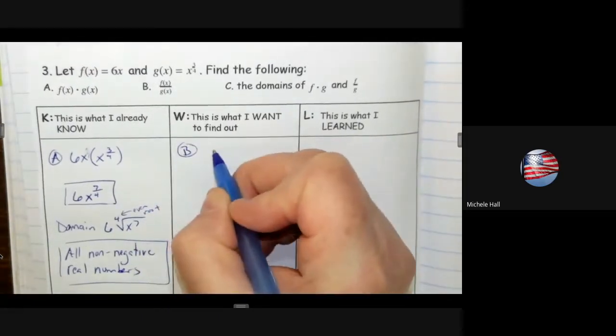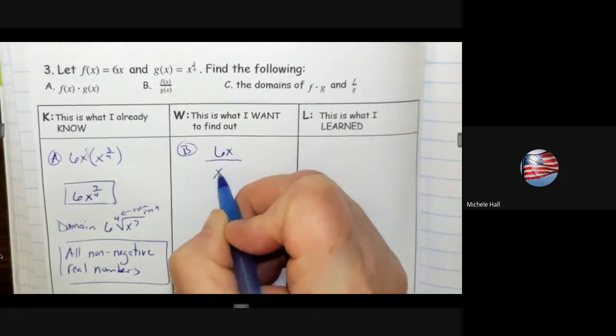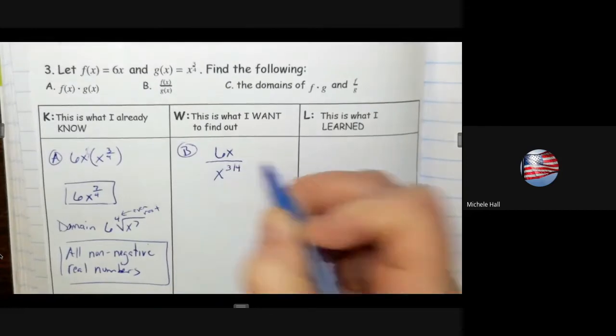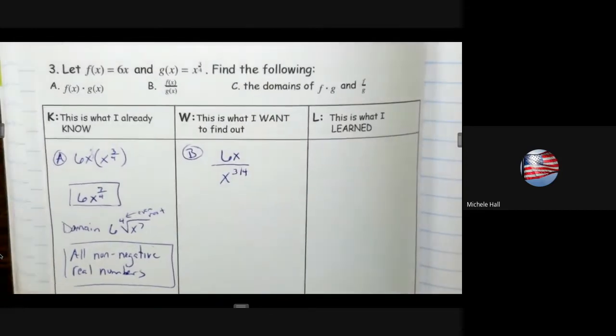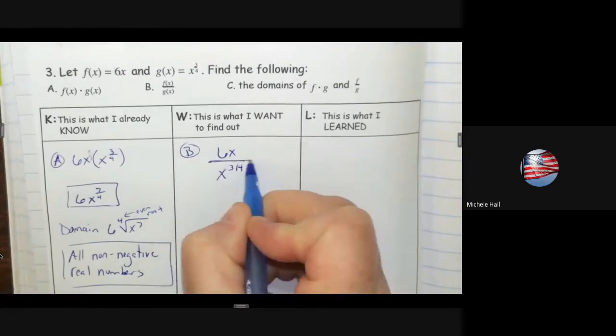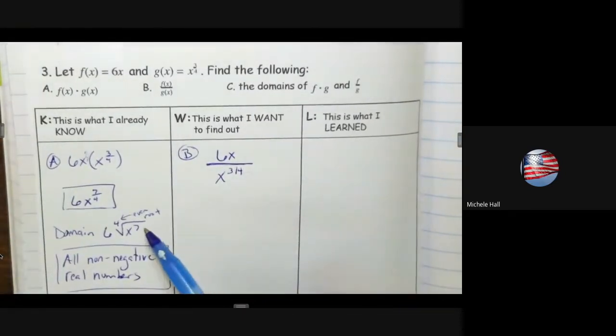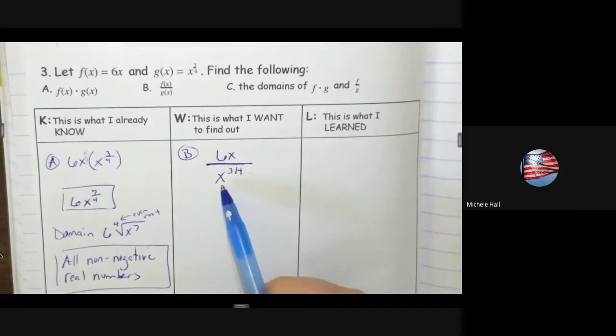F of x divided by g of x. 6x divided by x to the 3/4. Again, we are going to look at fractions. Fractions are the other problem areas. So we have even roots. We can't have imaginary numbers. The other area that is a problem is when there's a 0 in the denominator. A 0 makes it undefined.